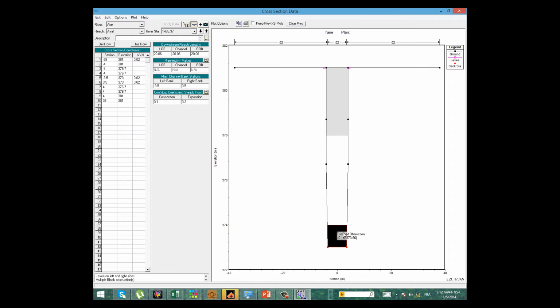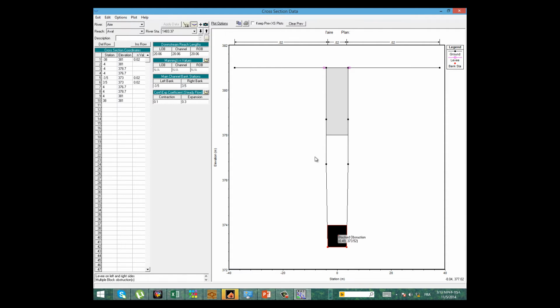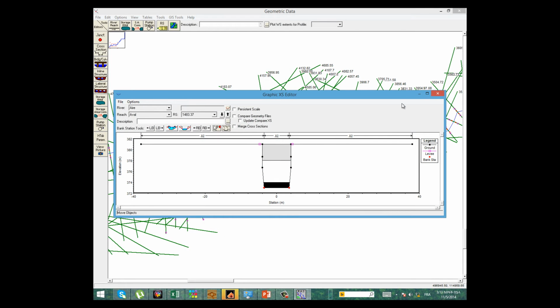So we have to inform the software that there is an obstruction. We just put this in. It's very simple, the same as the levees. So that's the information we have for the cross sections.